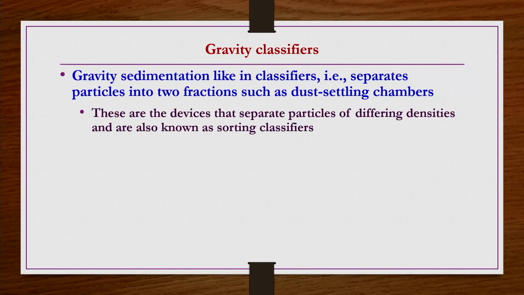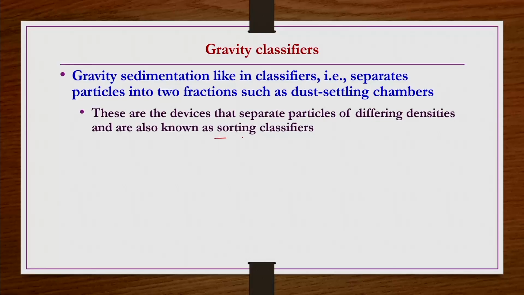The separation here occurs because of gravity, but it is the difference in density of the different types of particles that matters. Because of their density differences, the particles separate from the mixture. The external force applied for the separation is gravity. These classifiers are also known as sorting classifiers in some books.